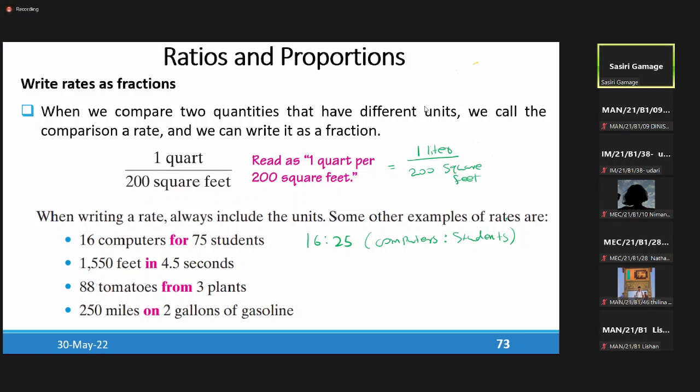That means 1550 feet within 4.5 seconds, something moving at high speed, like a meteor falling. Then 88 tomatoes from 3 plants. That is also some form of ratio. Then 250 miles on 2 gallons of gasoline. That is the efficiency of a vehicle.